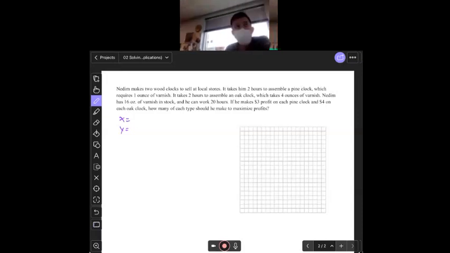Okay. Yeah. How many of each type, right? So the number of oak clocks and the number of pine clocks, right? That's what we don't know, right? How many to make. That's something we do have control over.